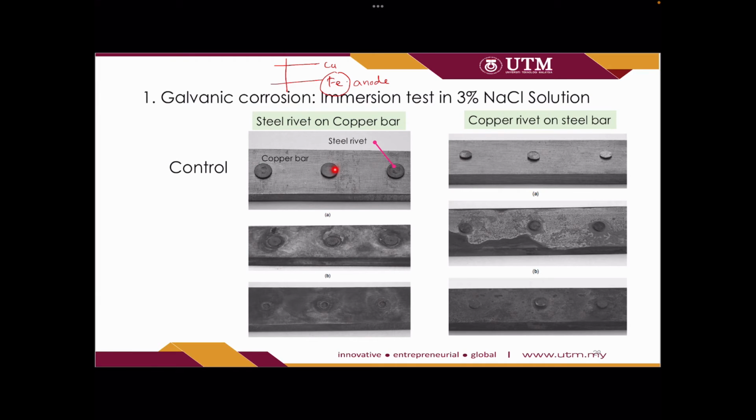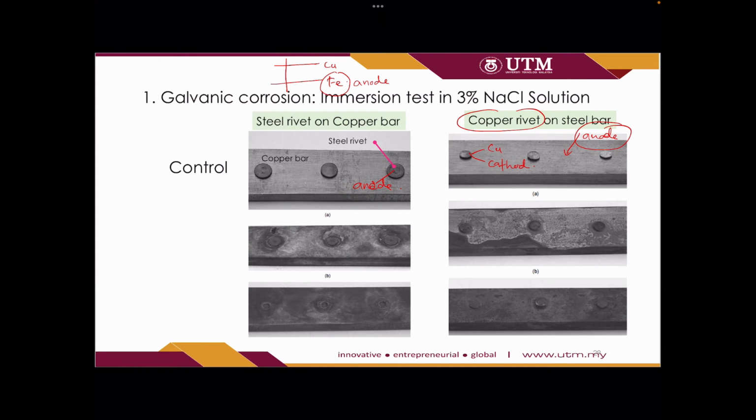If you look at this, the small area is steel. This is the anode, a smaller size. Another case is a copper rivet, which is the cathode, and the steel bar is the anode. So the anode is large. For the case on the left side, the anode is small.